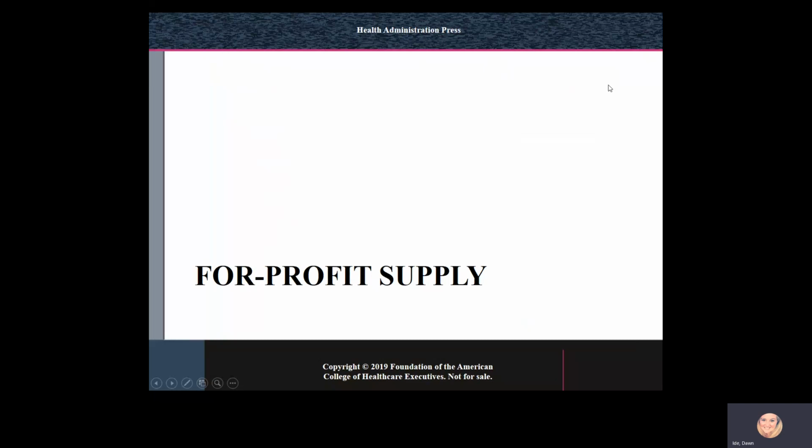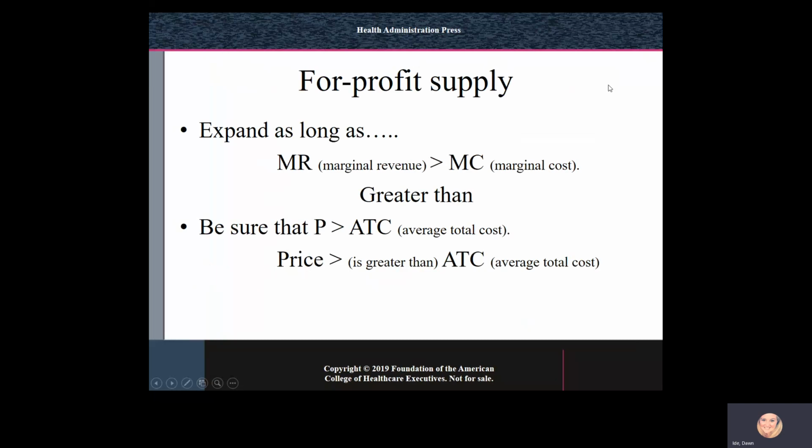So for-profit supply. Now, do we know if we could expand? And that's the question. We could expand as long as our marginal revenue is greater than our marginal costs, right? And this is the greater than sign, which I wrote out, just in case you forgot. So what does that mean? It means our revenue has to be bigger than our costs.